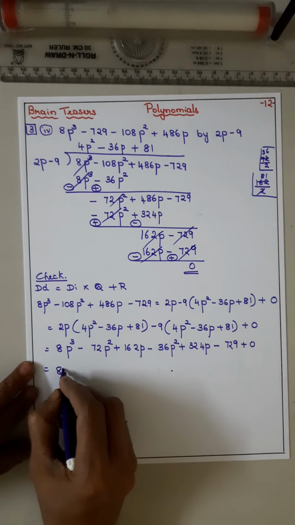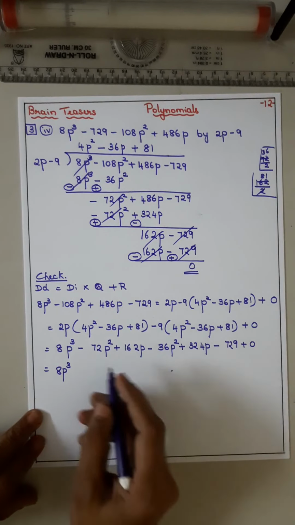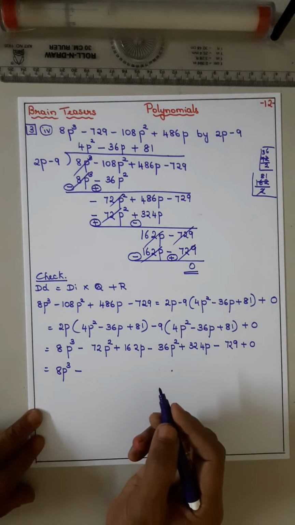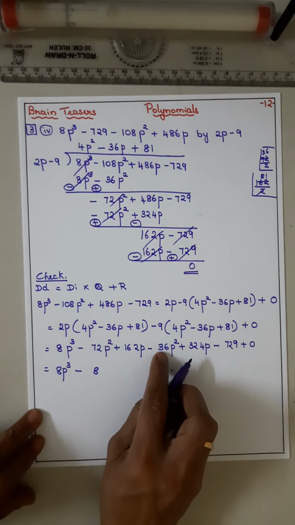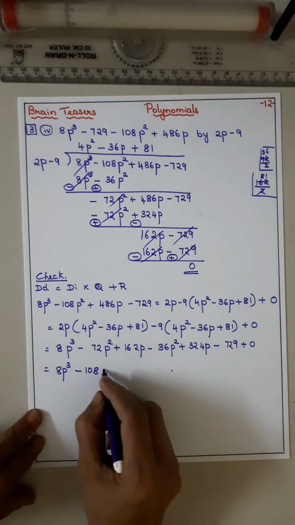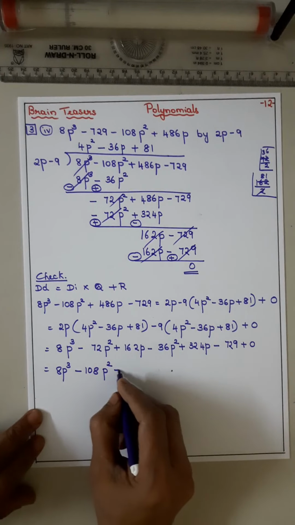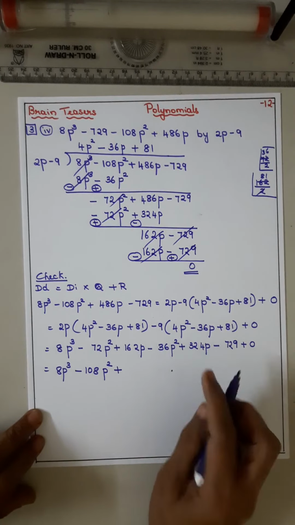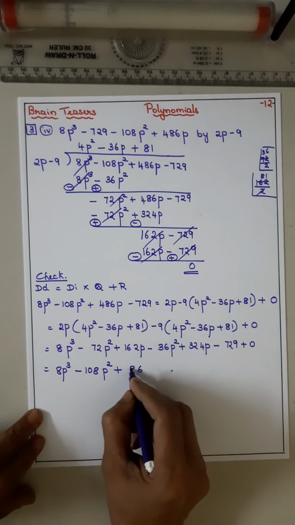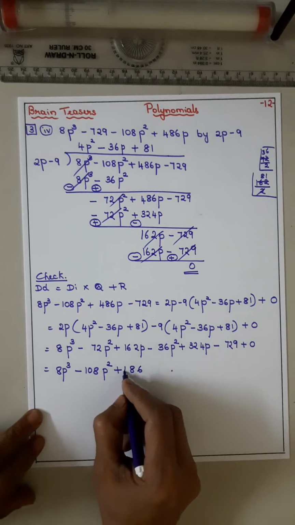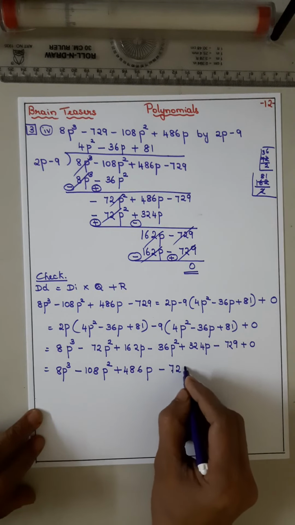Now 8p cube, only 1 is there. p squared, minus minus you have to add, put minus sign, 2 plus 6, 8, then 7 plus 3, 10, p squared. Now for p, both are plus, 2 plus 4, 6, 6 plus 2, 8, 1 plus 3, 4, p, then minus 729.